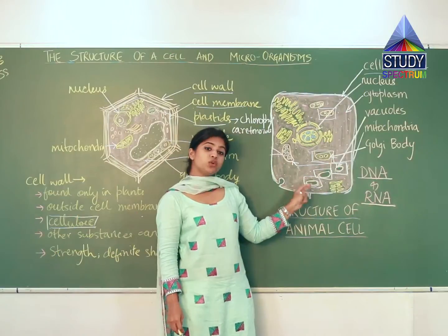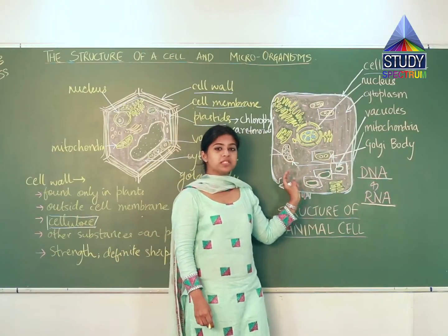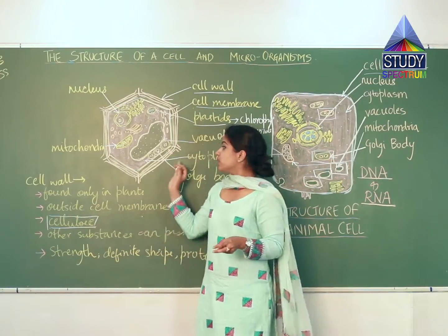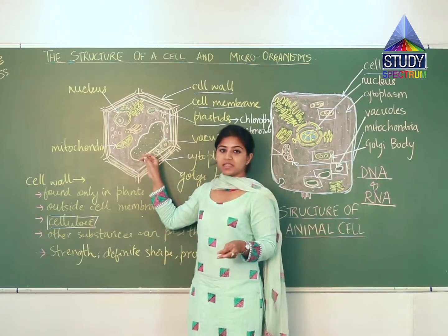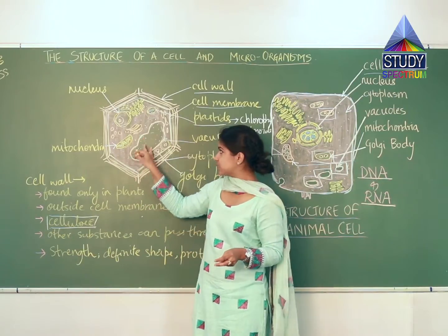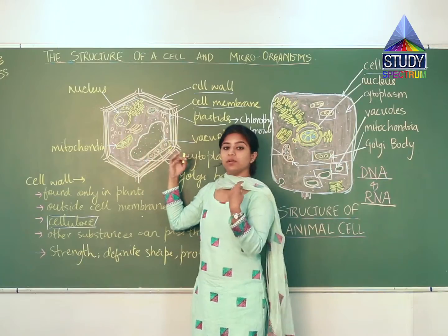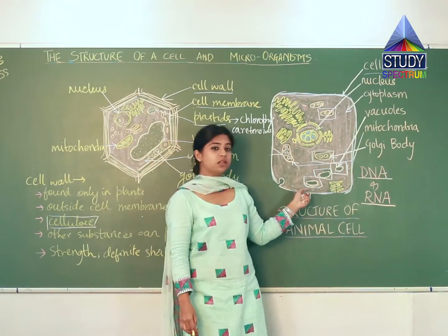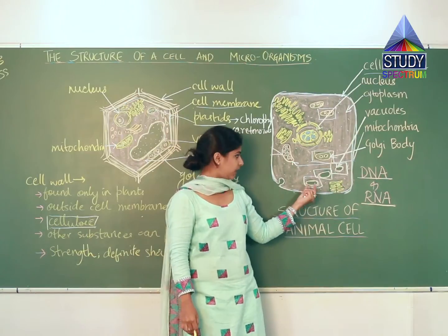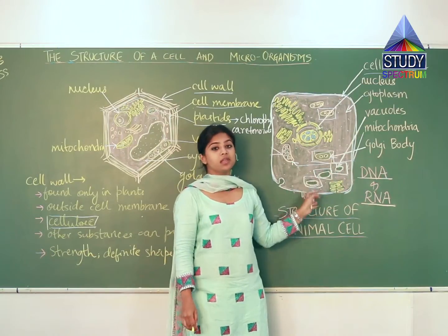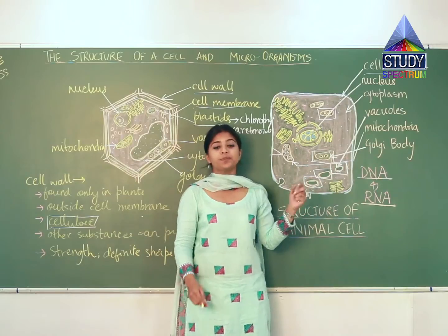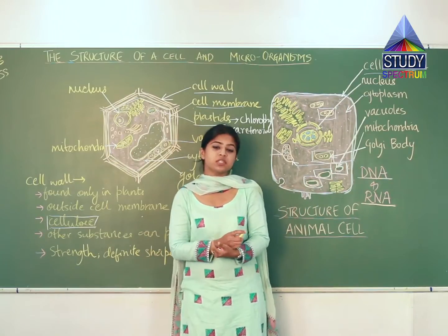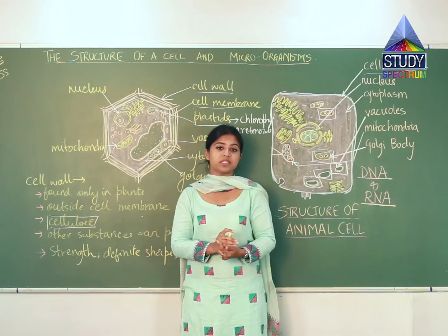The size of vacuoles is smaller in the animal cells, while the number of vacuoles, that is the empty spaces, is less in the plants, and the number of vacuoles is more in animal cells. So these were the points of distinction between plant cells and animal cells.